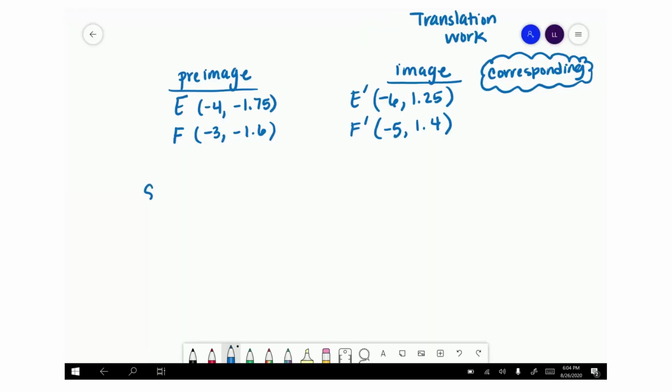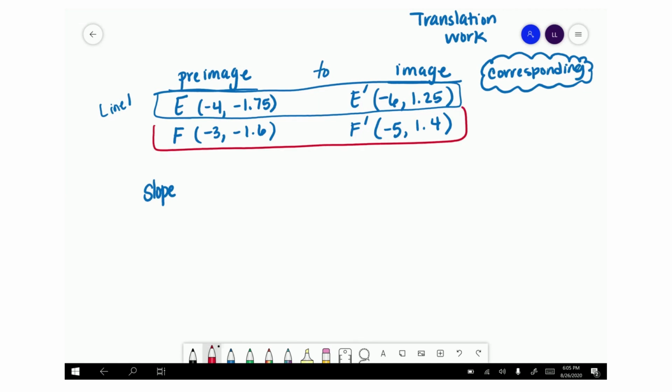We're going to do slope. This is our first line, because remember, it said from pre-image to image. So this is line 1, and this one in a different color is our second line, line 2.